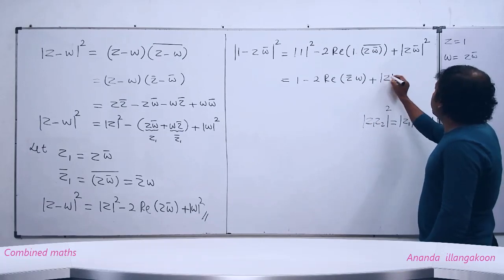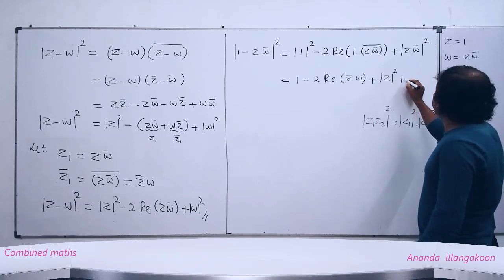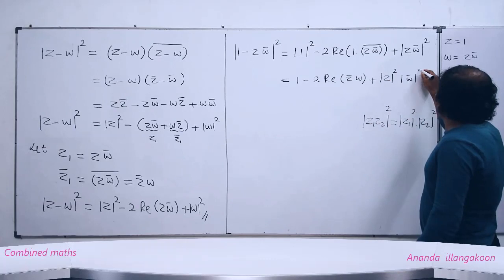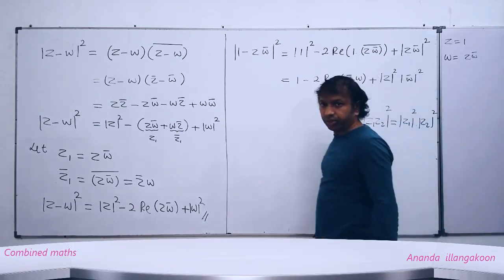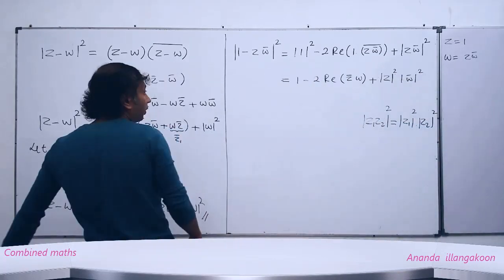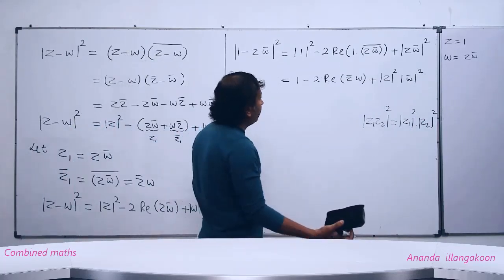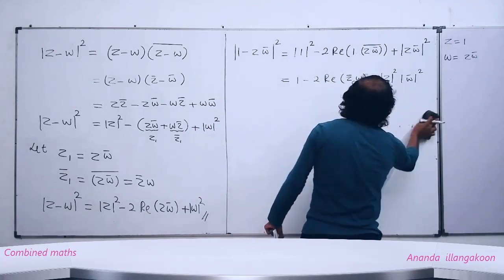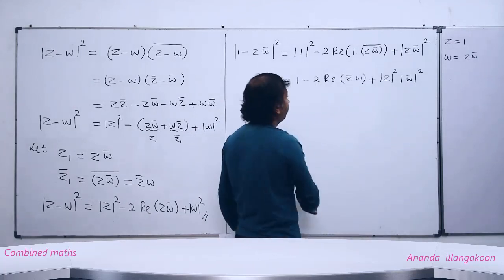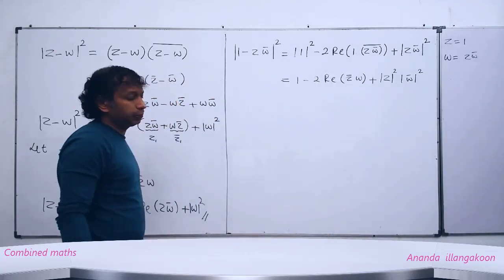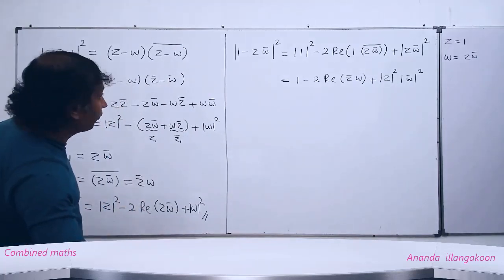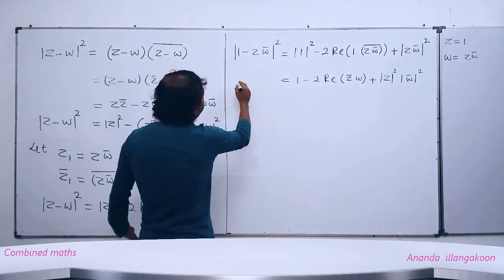Mod Z perfect square, mod W bar perfect square. That way you can write. Okay, right. People, this is what we get there.